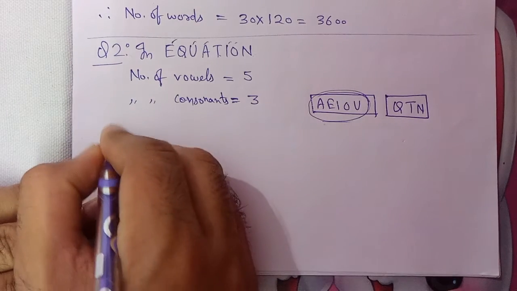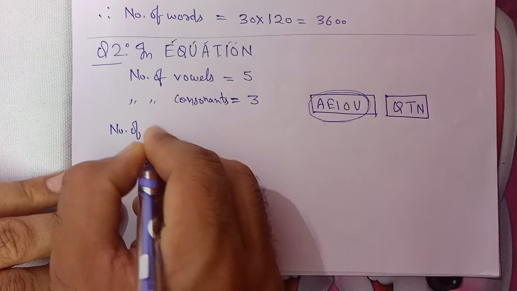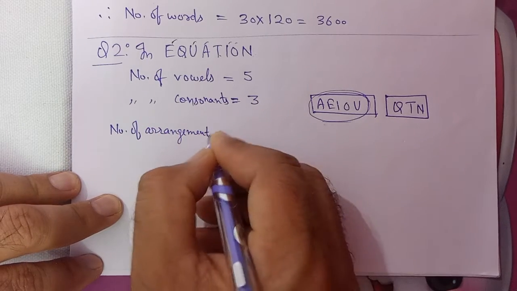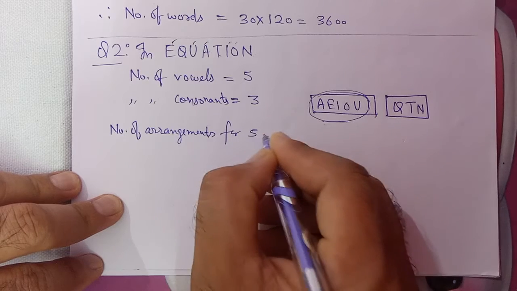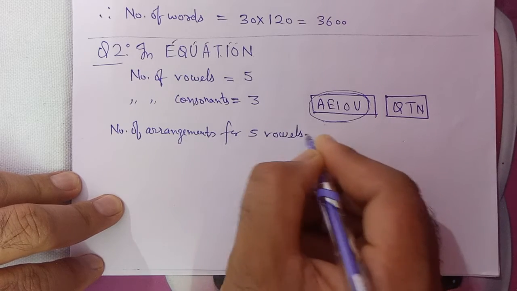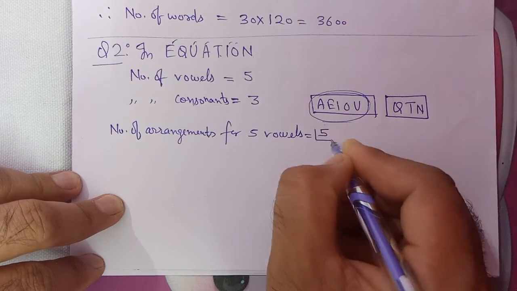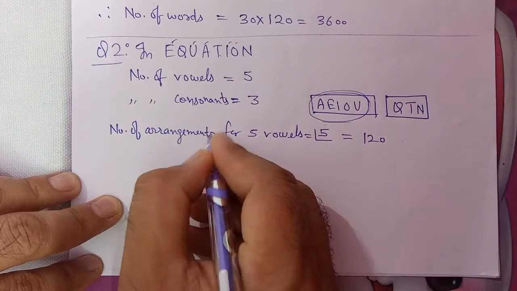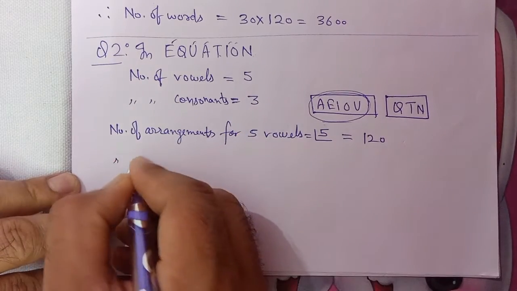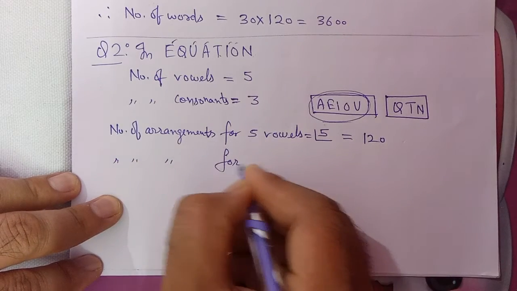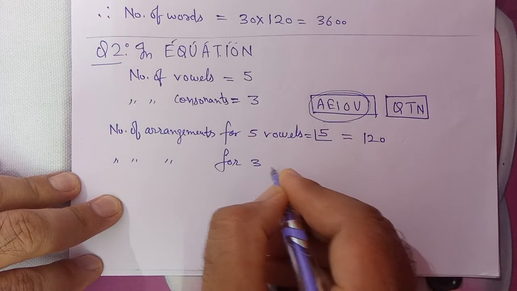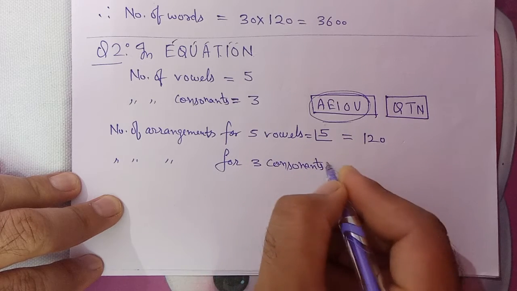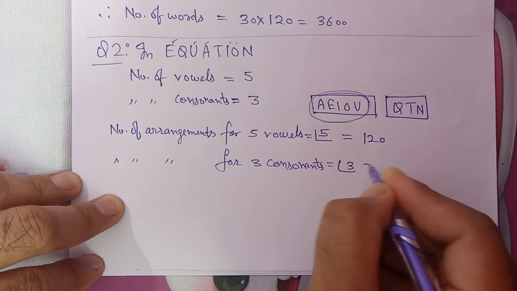So, number of arrangements for 5 vowels is 5 factorial, 5P5. Similarly, number of arrangements for 3 consonants, 3P3 or 3 factorial.